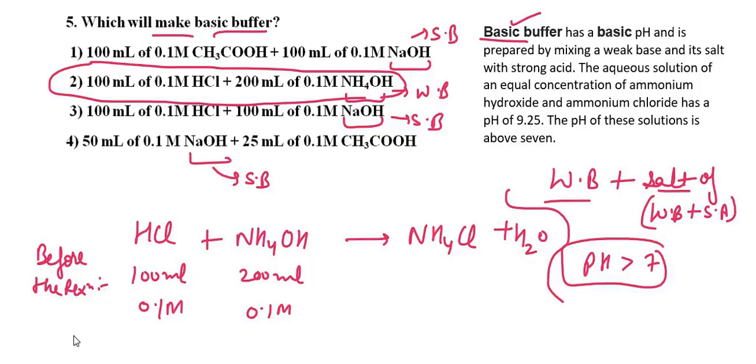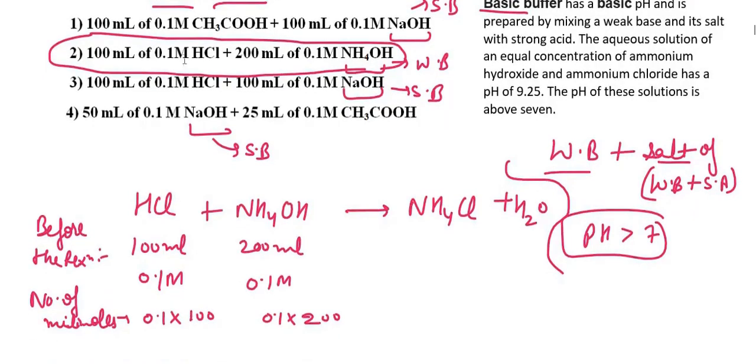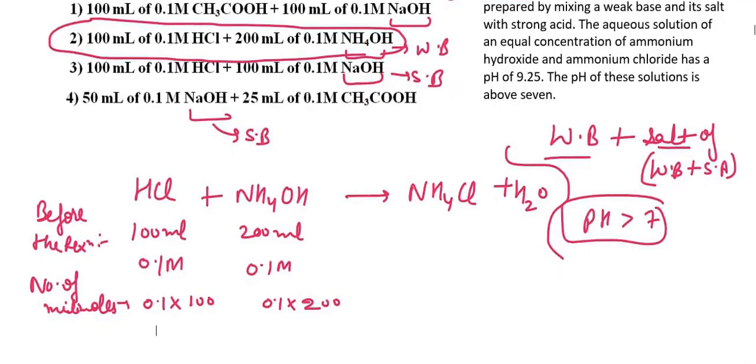So when we want to calculate the number of millimoles, it can be calculated by multiplying molarity by volume. In the first case, the number of millimoles obtained is 10 millimoles.